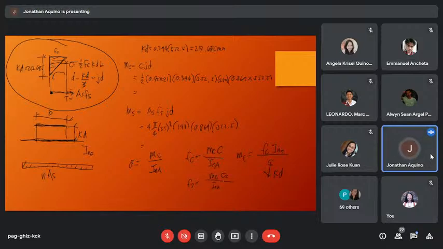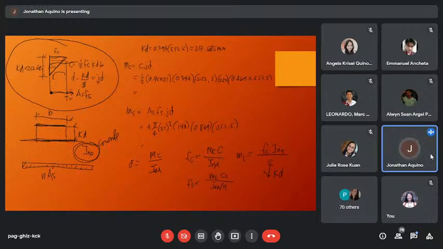But this INA is based on concrete section. So since we are solving for the moment capacity or the stresses considering steel, we just divide this by N. So parang baliktad lang. Dito, convert natin yung steel into concrete, makuha natin yung moment of inertia. So dito naman, convert natin yung moment of inertia considering steel. So divide naman natin yung moment of inertia by value of N.